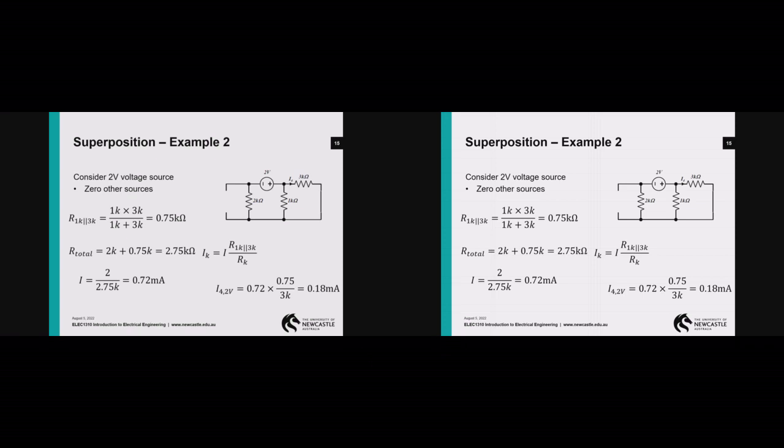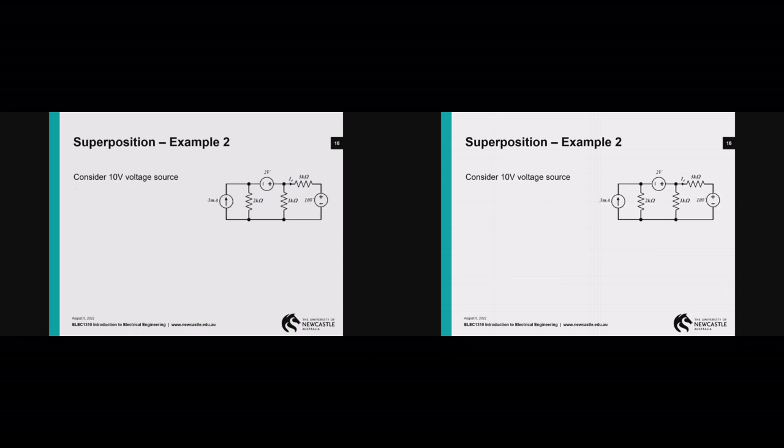All right, one more problem, the 10 volt source. Zero the other sources, so we're starting to see the pattern here. The voltage source is a short circuit, current source is an open circuit. Now I've got to analyse this circuit and work out what the current I4 is.